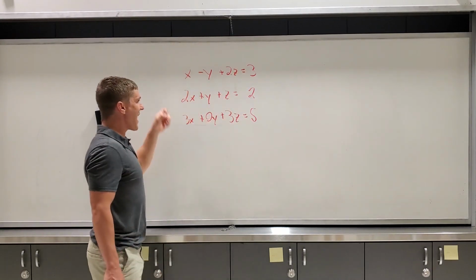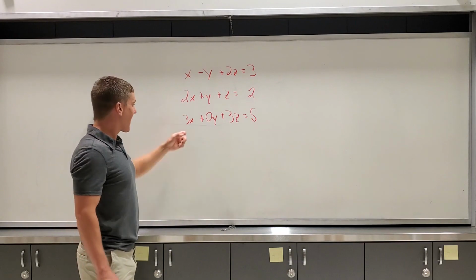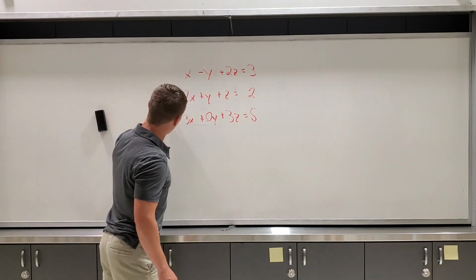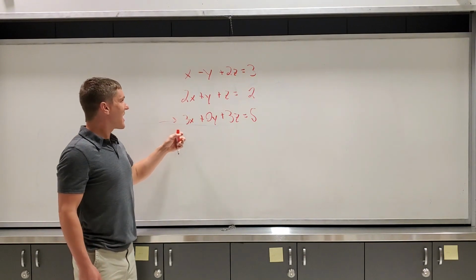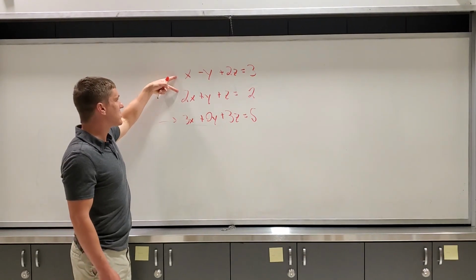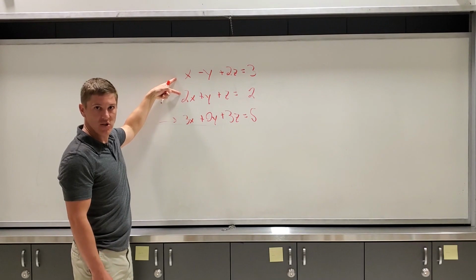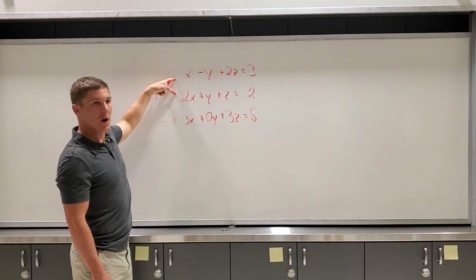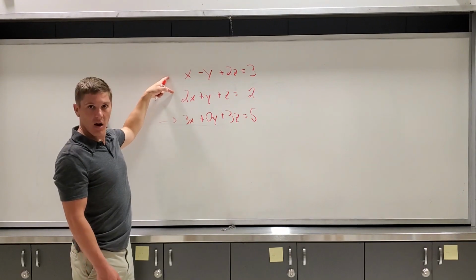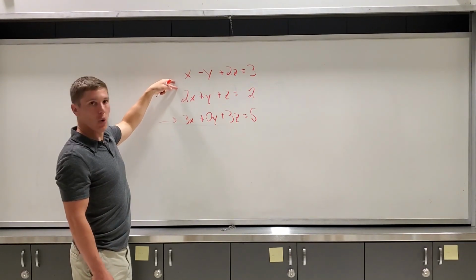So even though I have 3 equations here, this last equation is not linearly independent. This last equation is some combination of these first 2 equations. And you can do any kind of combination of these 2 equations that you want.